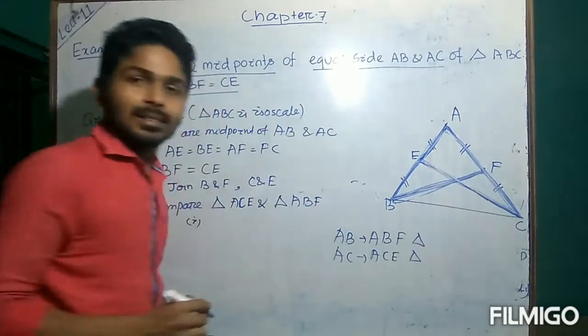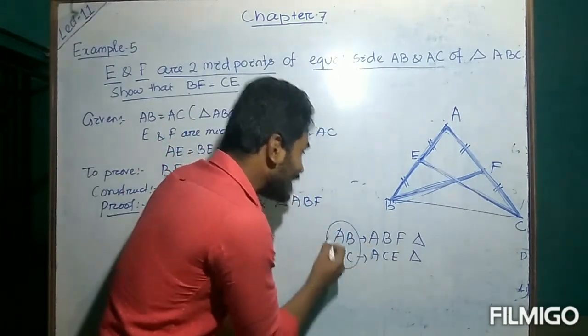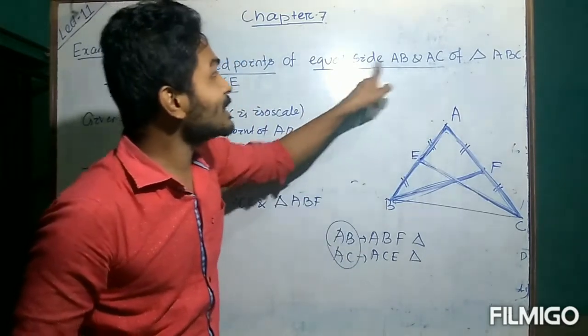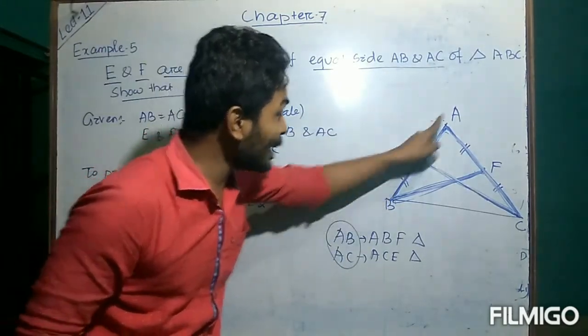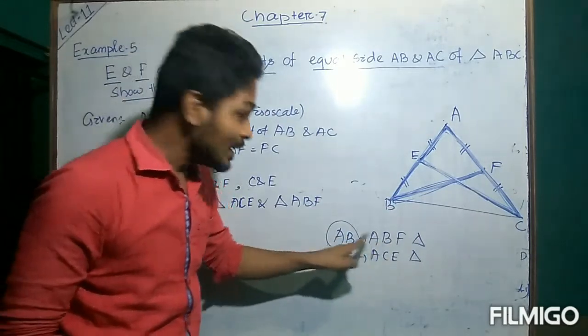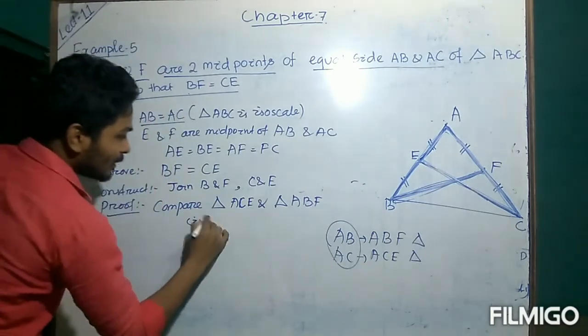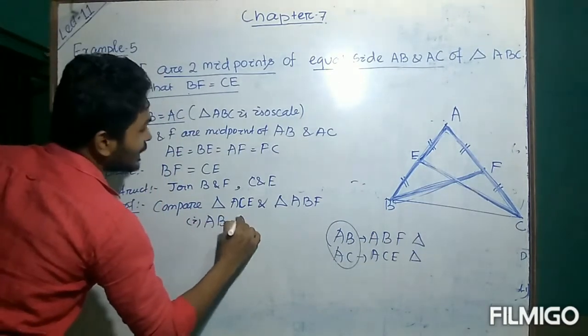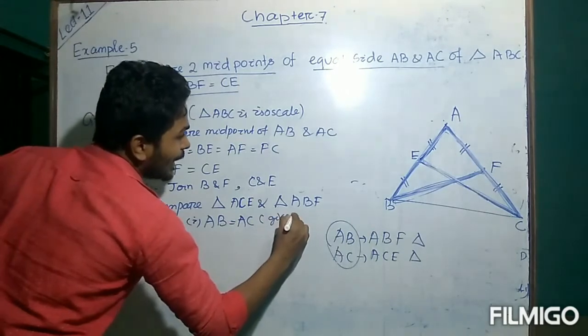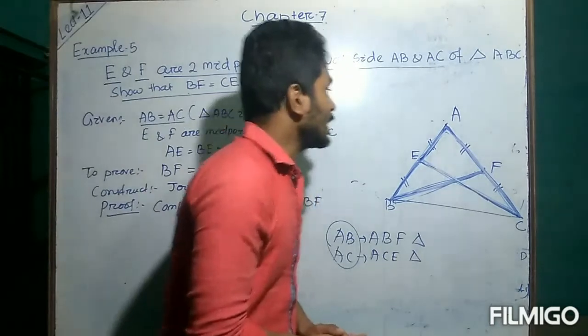Are you getting my point? Okay. But it is given that AB is equal to AC. It is given that equal sides are AB and AC. AB is the side of this triangle, AC is the side of this triangle. So you can write AB is equal to AC because it is given.